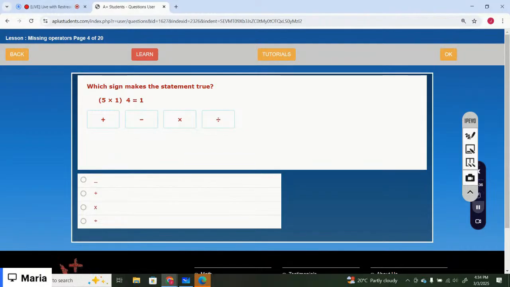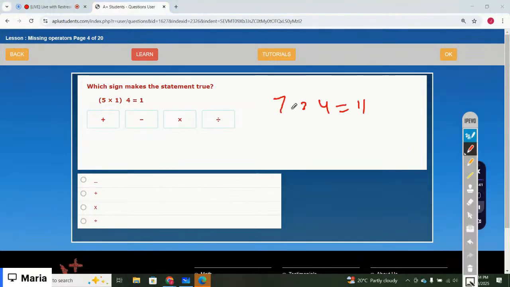Next, which sign makes the statement true? 5 times 1 is 5.